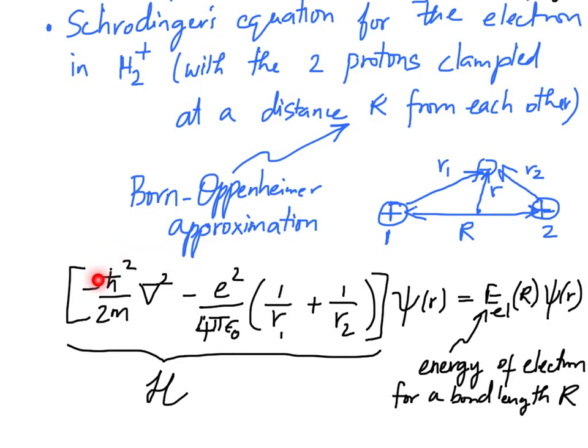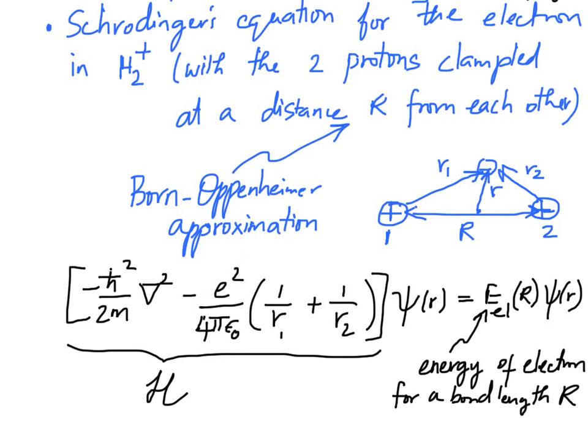The first term in the Hamiltonian here represents the kinetic energy operator. It represents the kinetic energy of our electron. And the second term over here is the potential energy operator, representing the interaction between our electron and the two nuclei, or the two protons.